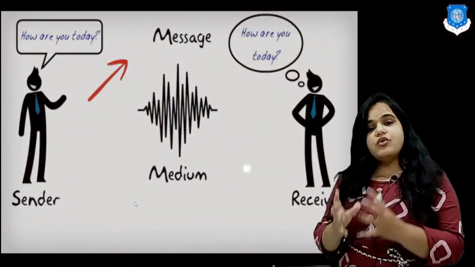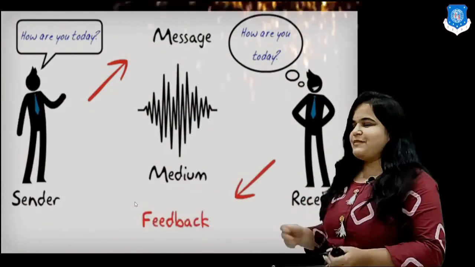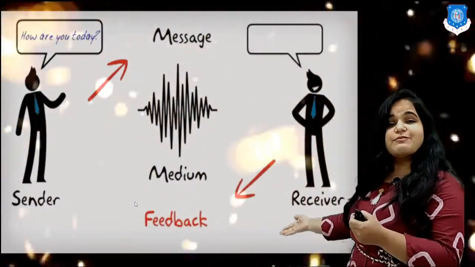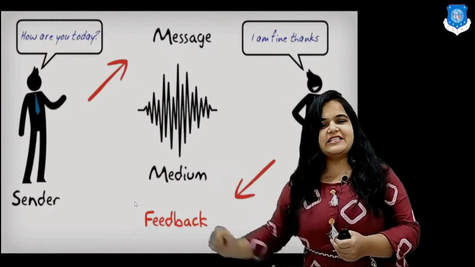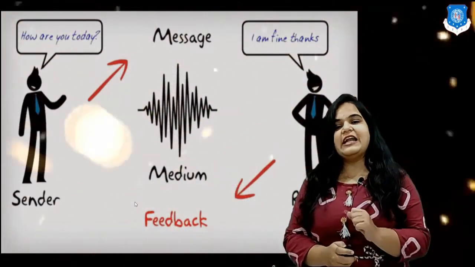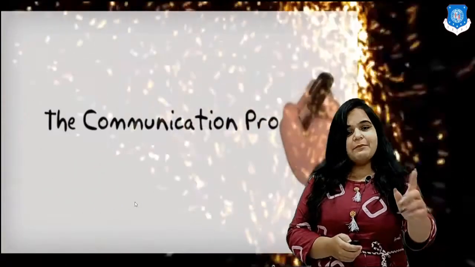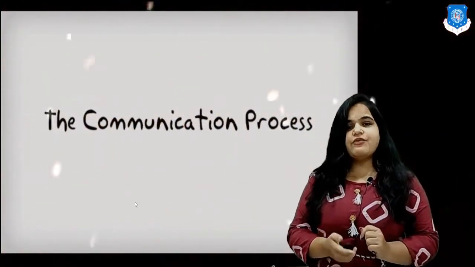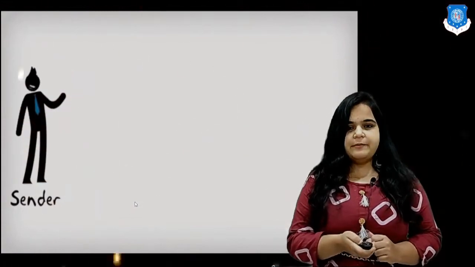He decodes the message, understands it, and lastly gives feedback back to the sender. Obviously, students, feedback is a very necessary and important step here. These are the different elements of the communication process, each of which we will study in our next slide with the help of an example. Moving on.